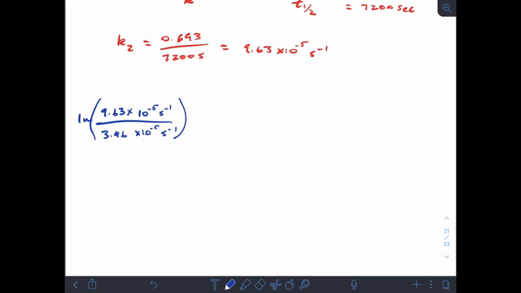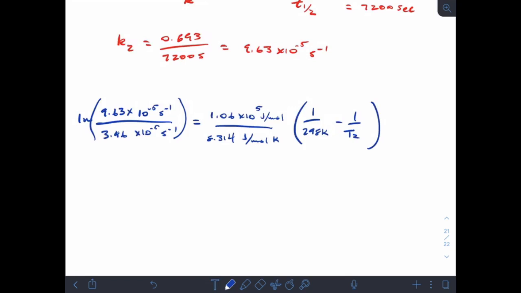You need to make sure that you take that as a quantity and then take the natural log. So equals our activation energy, 1.06 times 10 to the 5 joules per mole, divided by our gas constant, 8.314 joules per mole Kelvin, times 1 over T1, 298 Kelvin, minus 1 over T2.